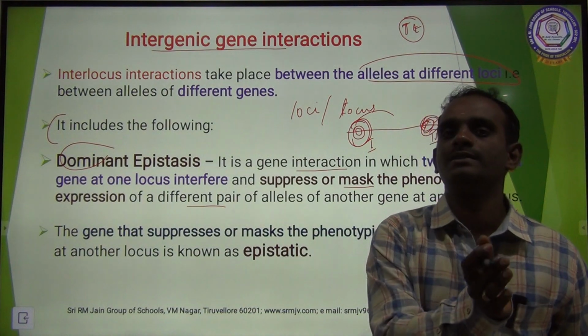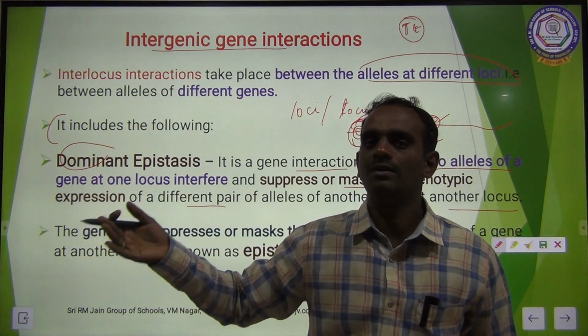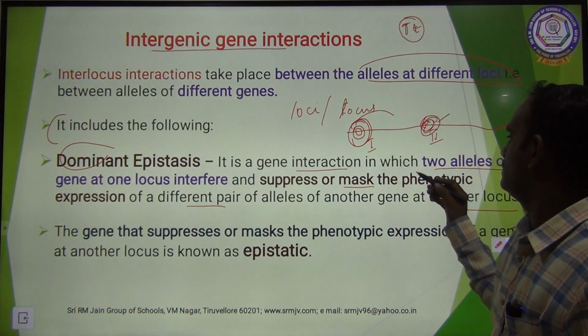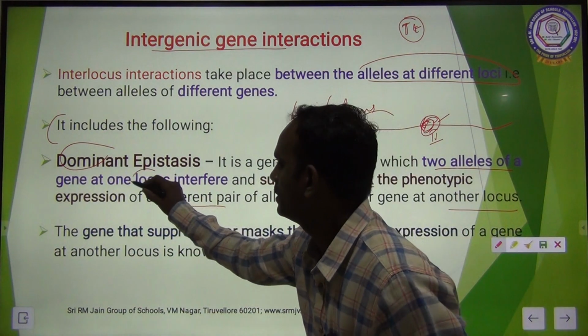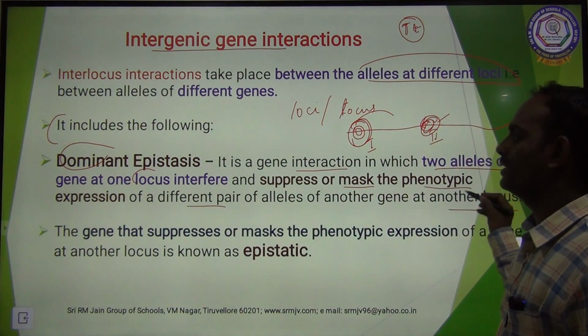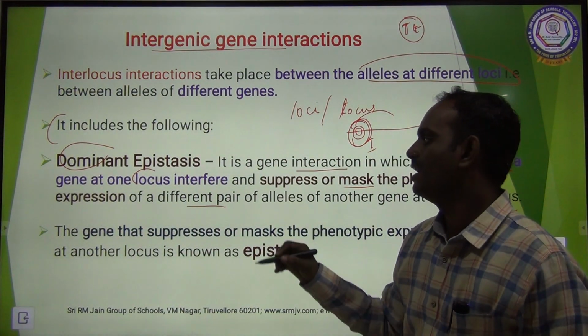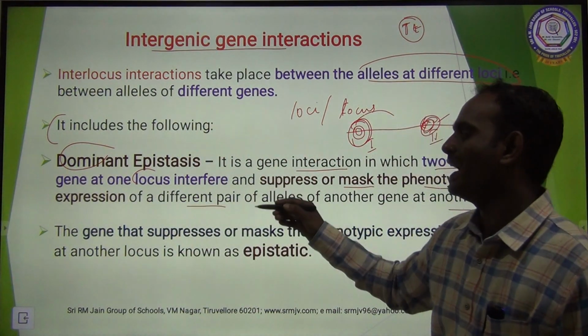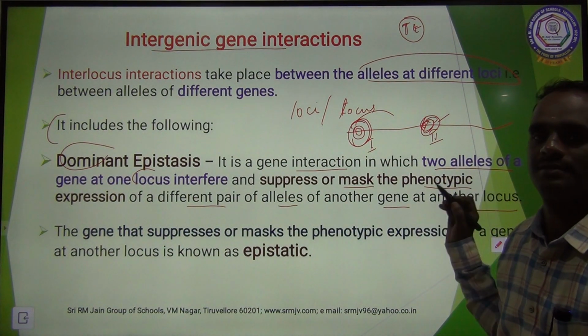One gene is present at one distance, the other gene at another distance. It is a gene interaction in which two alleles of a gene at one locus interfere and suppress the phenotypic expression, not genotypic, phenotypic expression of a different pair of alleles of another gene at another locus.